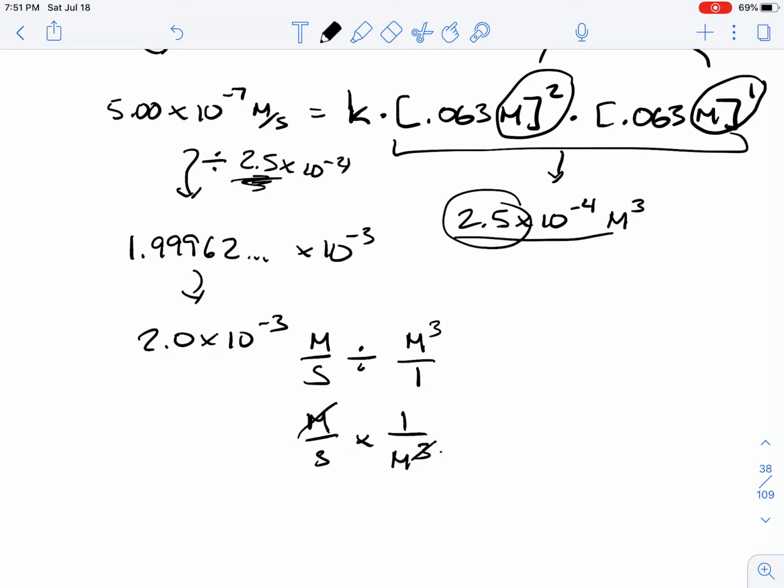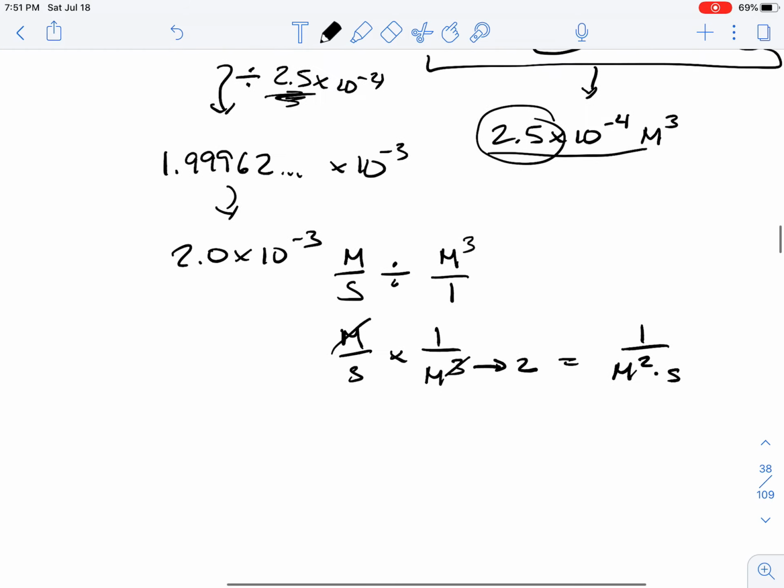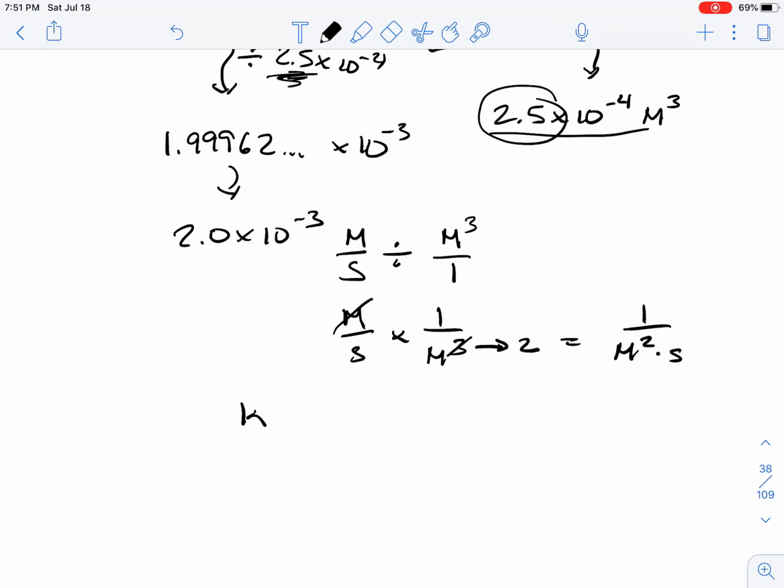This is going to cancel out, and this 3 reduces to 2. And so I would get 1 over molarity squared second. And so my value for k, including the unit, is going to be 2.0 times 10 to the negative 3, 1 over molarity raised to the second power times second.